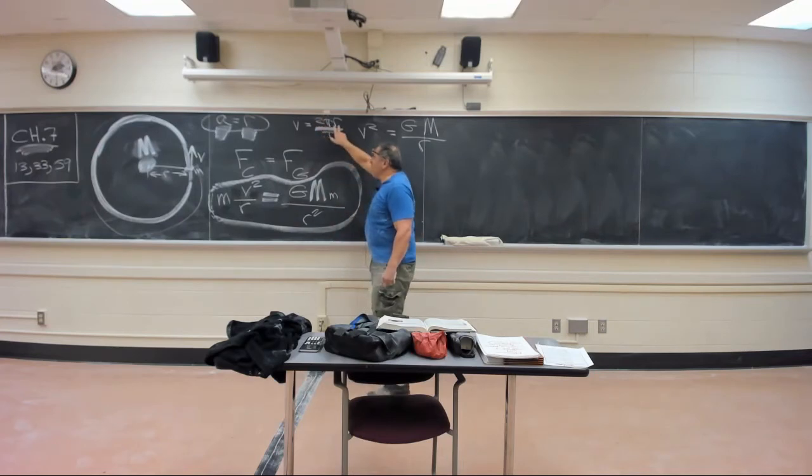You travel all the way around the orbit, 2 pi r, and divide it by the time it takes to get around the orbit. Distance divided by time is velocity.